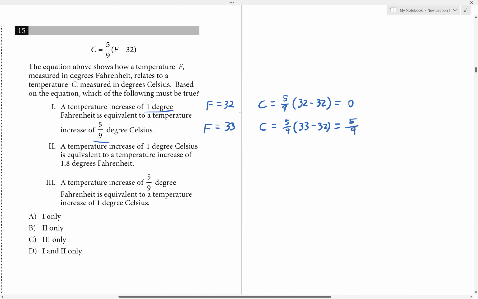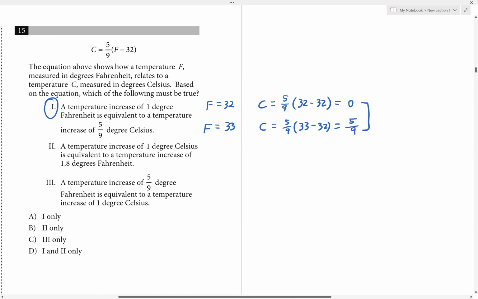Fahrenheit increased by 1 degree, and the Celsius temperature went from 0 to 5/9. So it did increase by 5/9. Statement 1 is correct.